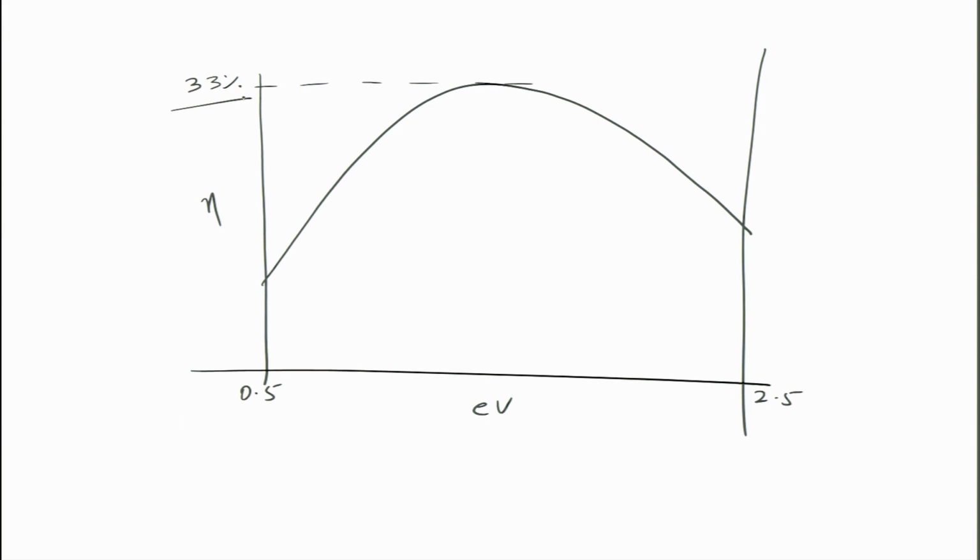Silicon is somewhere here, and right now we are at about 24%, 24.7%. Copper indium selenide is a little lower than silicon. This is CIGS, which is at about 19% or so approximately.